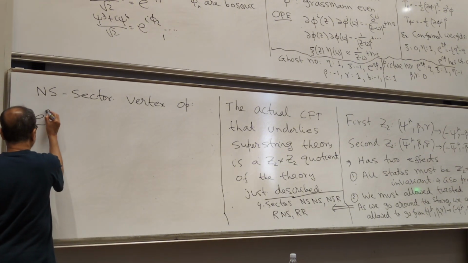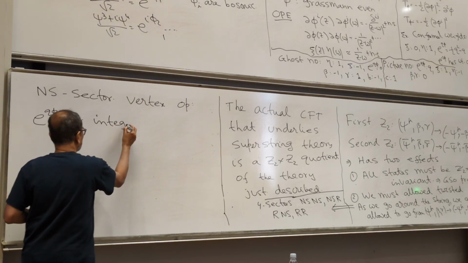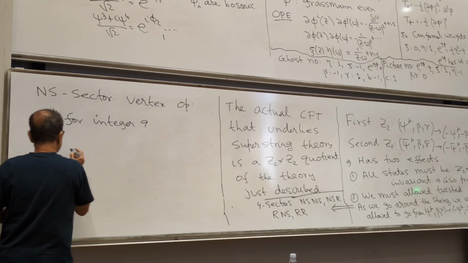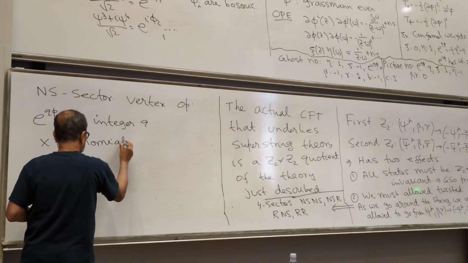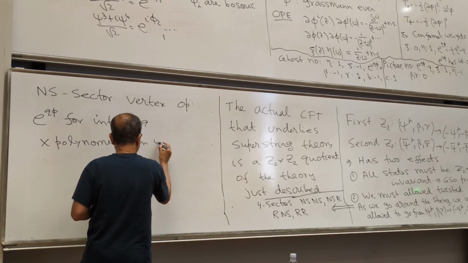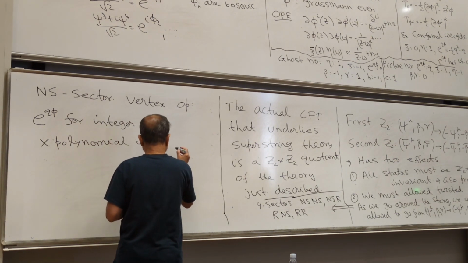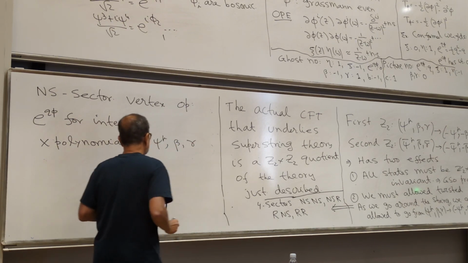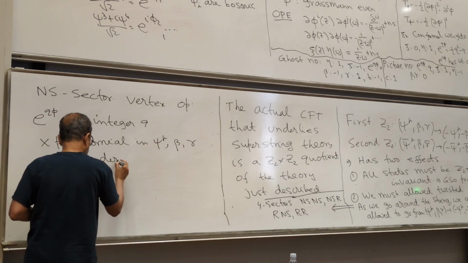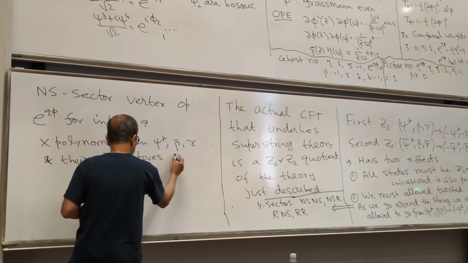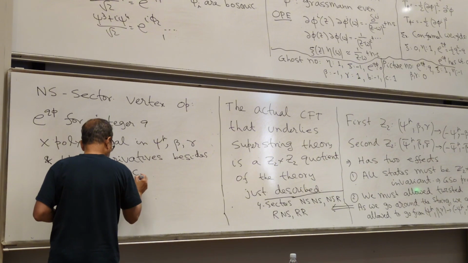These are given by e to the q phi for integer q, times a polynomial in psi mu, beta, gamma, besides derivatives, besides x mu, bc. The x and bc, of course, you can always use.